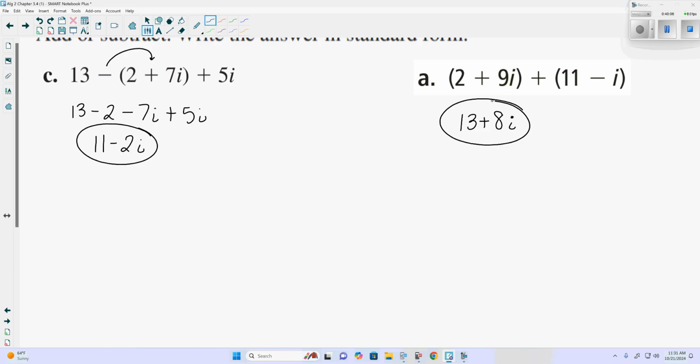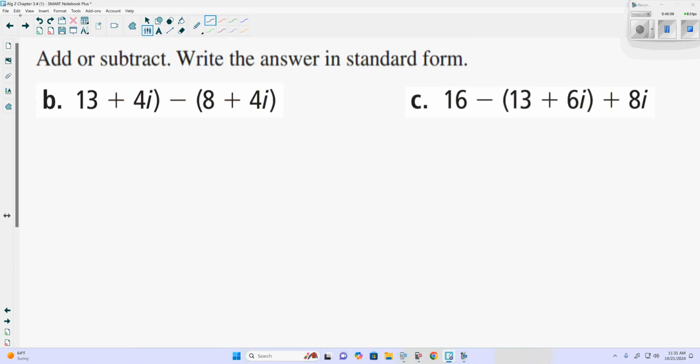Questions on this here? So here, if we did this by hand, we'd have 13 plus 4i minus 8 minus 4i. 13 minus 8 is 5. 4i minus 4i is zero.